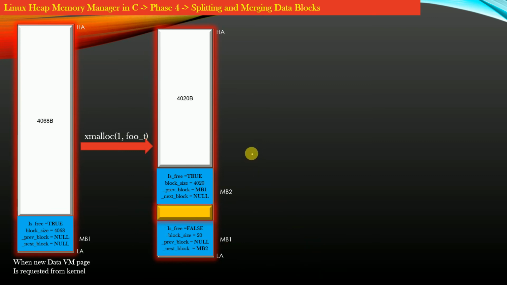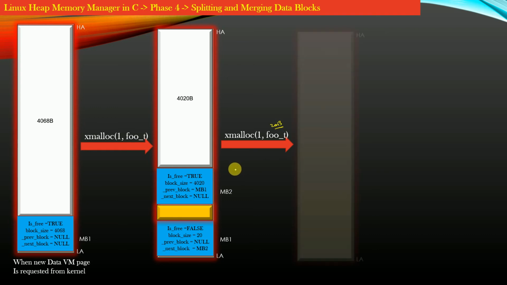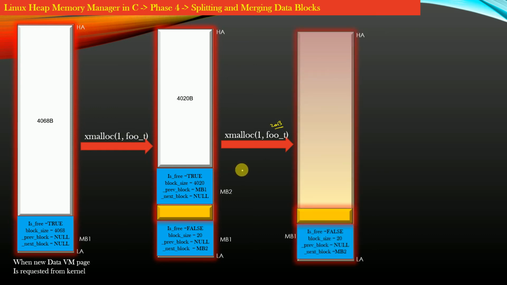So now let us take another example. Suppose the application issues another request of size 20 bytes, right? Now the same virtual memory page would look something like this. You can see that there is absolutely no change in meta block 1. But now meta block 2 will be used in order to satisfy the malloc request of the application.